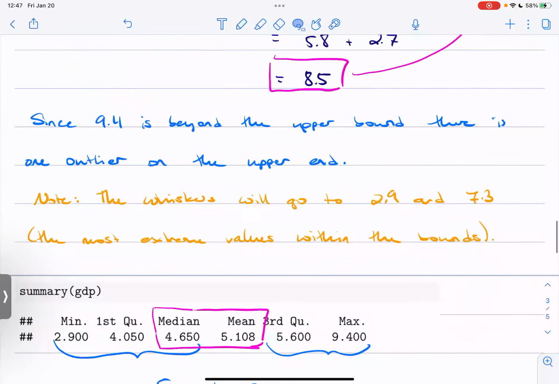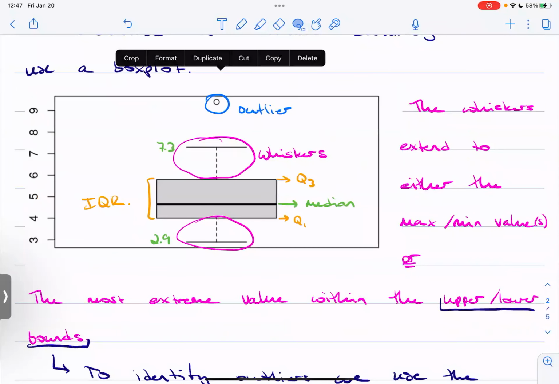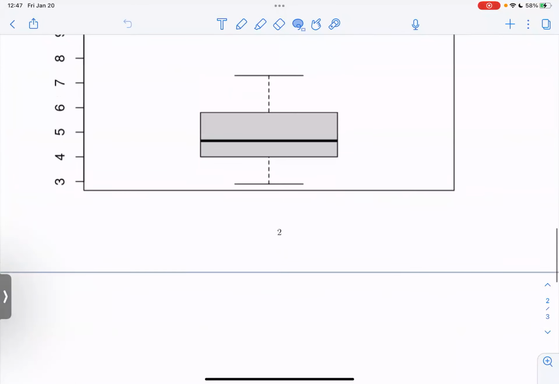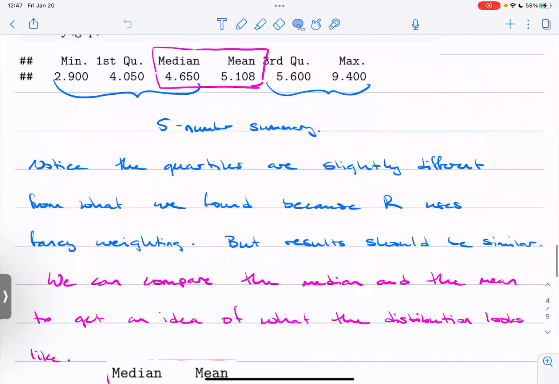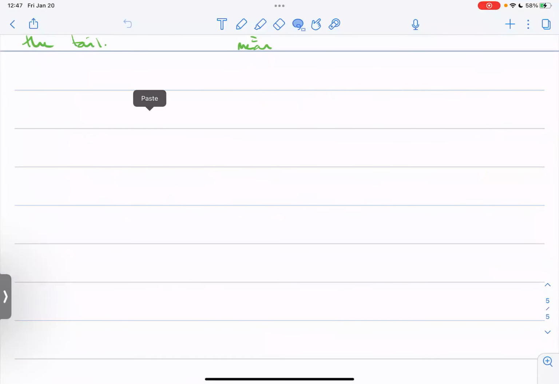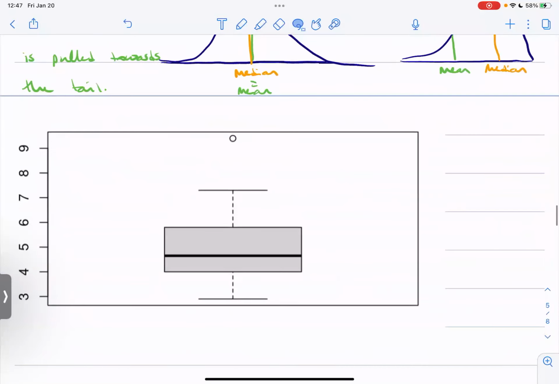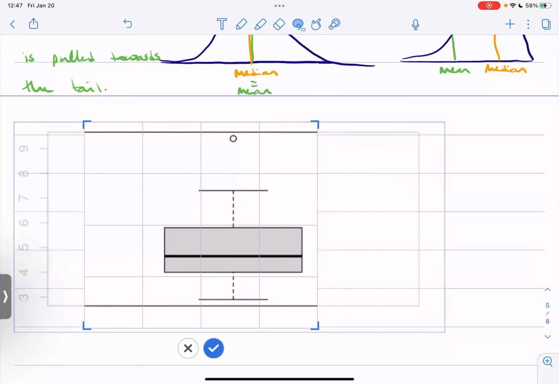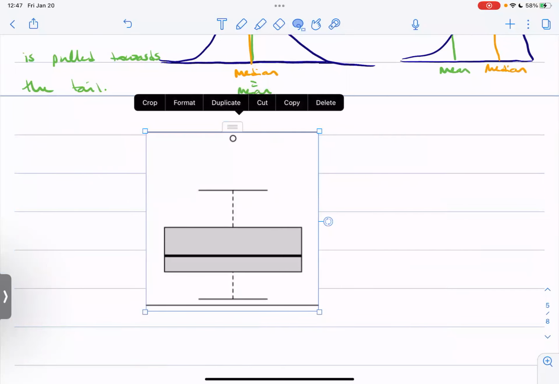So I'm just gonna nab this box plot so we can compare them. Oh, actually. Grab a freshie. If I have this box plot, and I'm gonna trim down everything I don't really need.